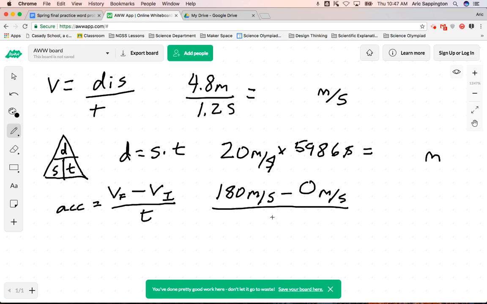And the total amount of time was 10 seconds. So we're going to end up with 180 meters per second divided by 10 seconds. So when you do the math on this, you're going to be left with meters per second, which is going to be meters per second squared.